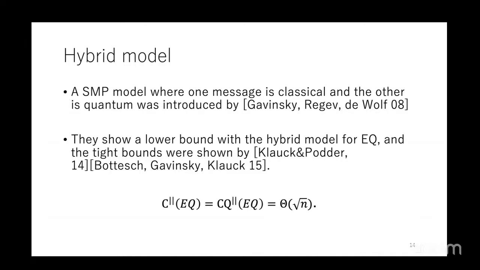They and subsequent work showed that the equality problem is still hard in this model. As I said, classically the complexity for the SMP model is root n, and even for the hybrid model the complexity is the same. So no advantage, even if we replace one classical message by a quantum message.